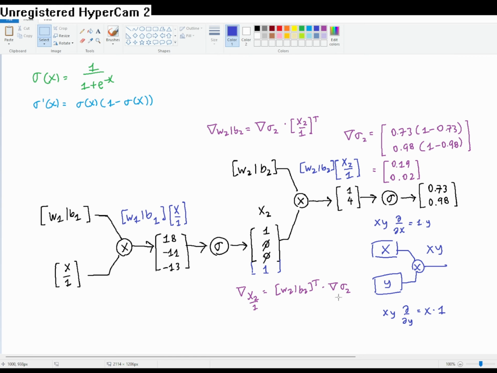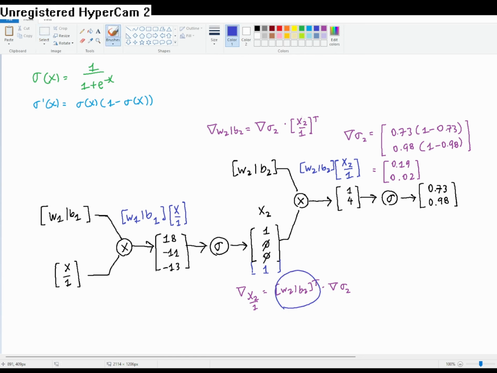This is why you have this sort of exchange, where you're multiplying the output concatenated with the 1 transposed by the gradient here, and the weights and biases concatenated transposed by the gradient here. And remember, you're transposing the other, the weights and biases here, or the second input here, which is just the output of the first network. You're doing this because you need to match the dimensions. The dimensions need to match with the matrices.